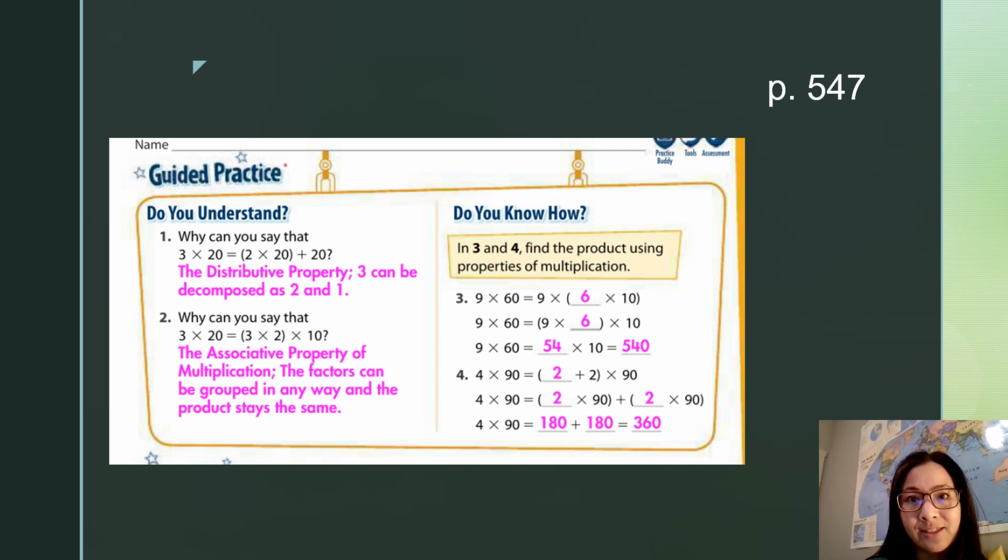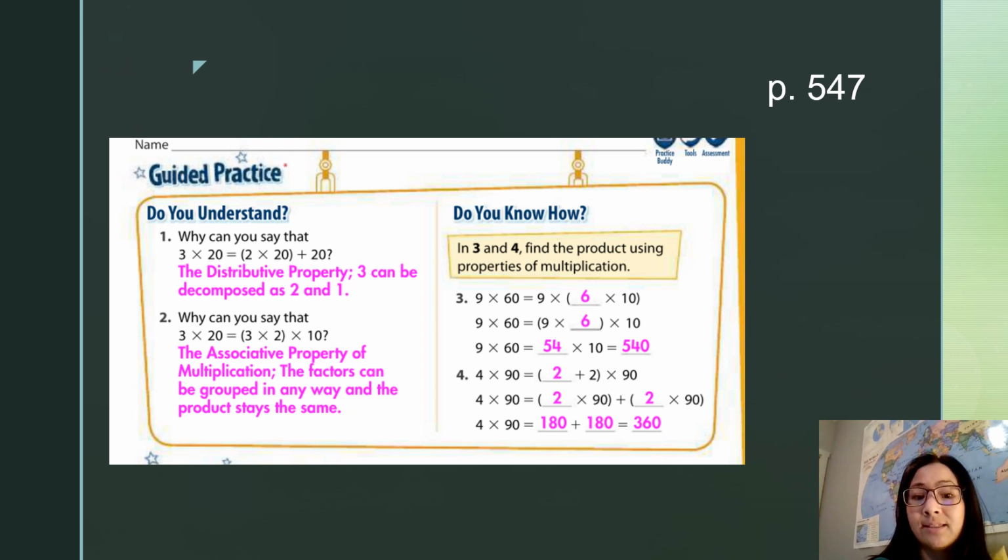All right, let's look at the second problem. Why can you say that 3 times 20 equals, parentheses, 3 times 2, times 10? So this is the same two factors, 3 times 20, in both number 1 and 2, right?